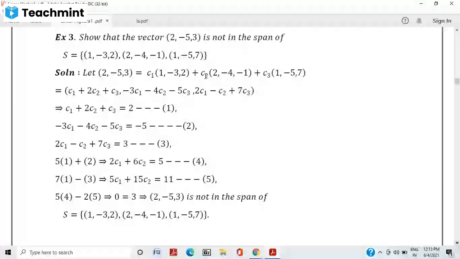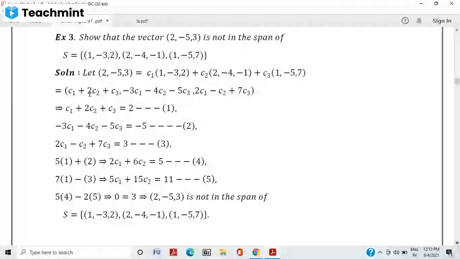What we get? C1 first element plus 2C2 plus C3. Second one, minus 3C1 minus 4C2 minus 5C3. Last one, 2C1 minus C2 plus 7C3.